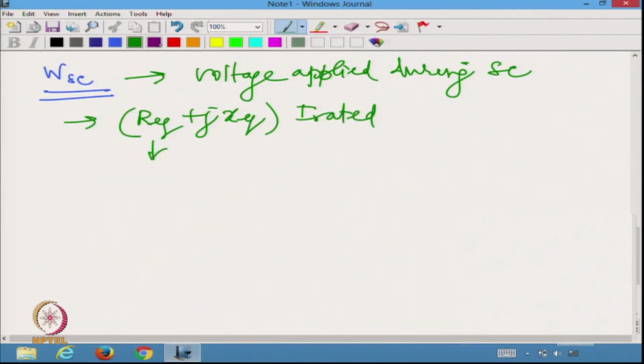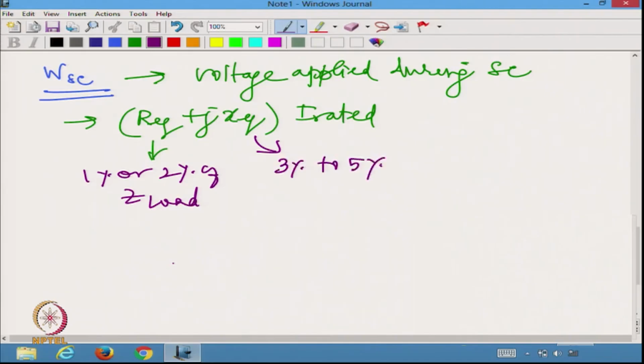This is only about 1% or 2% of Z normally, or if I try to look at Z load, similarly this will be only about 3 to 5% of Z load.